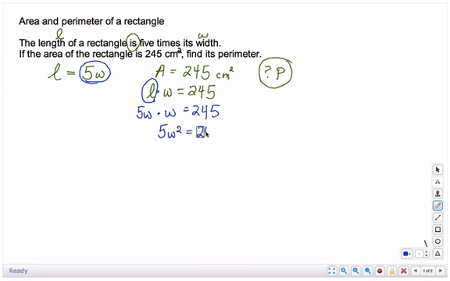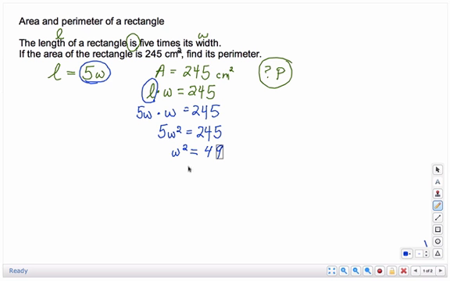And at this point we're going to use our solving equation rules, which means we need to undo this multiplication before we undo the square here. So we're going to divide both sides by 5, and 245 divided by 5 is 49.